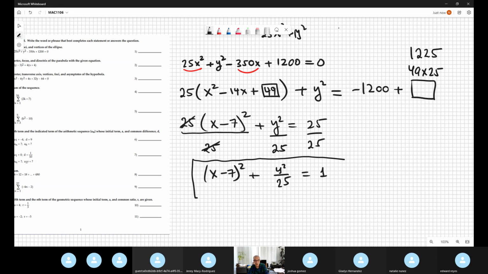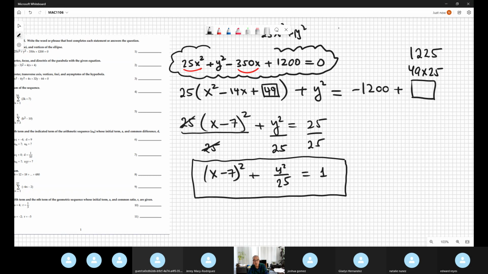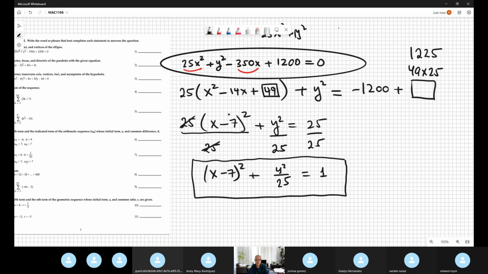And guys, this expression is 100% equivalent to this ugly case given at the beginning that nobody understands anything about. But for me it's clear that the center of this ellipse is located at the point (7, 0), because we have translation in x, we have no translation in y. h is 7, k is 0.